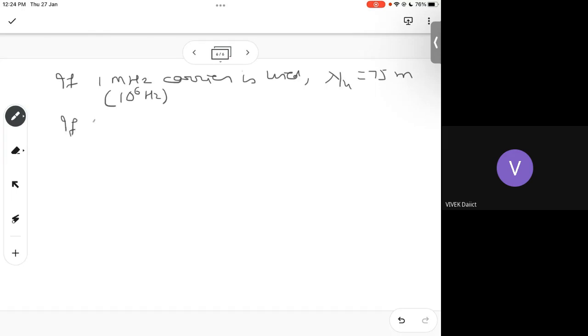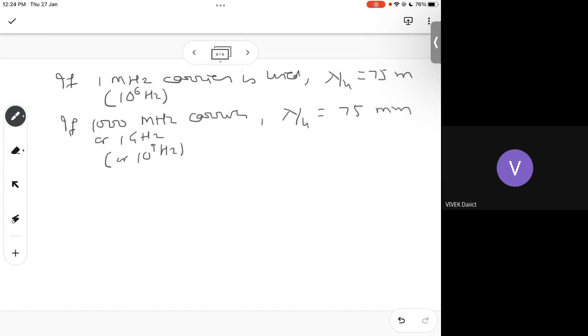But if I use a 1000 megahertz carrier, that means 1 gigahertz or 10 to the power 9 hertz, then lambda by 4 turns out to be 75 millimeter. And that is possible. Earlier mobile phones used to be 7.5 centimeter also. Now there are ways to further reduce it to lambda by 8 or something like that. That is the antenna design problem. But yes, this is the advantage I am getting.